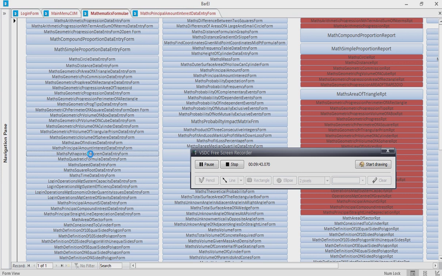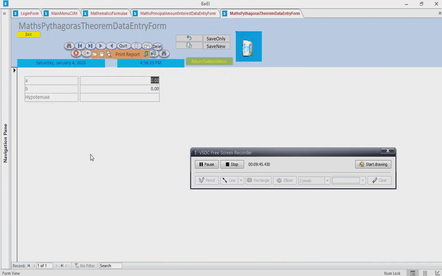Pythagoras theorem. If A is 3 and B is 5, then the answer is 5.83.